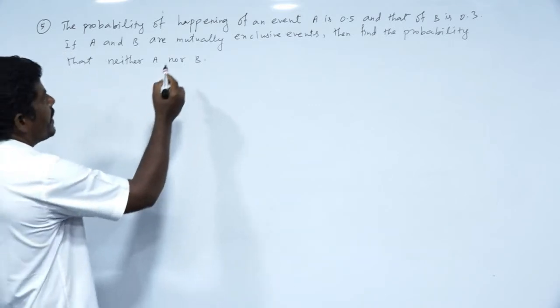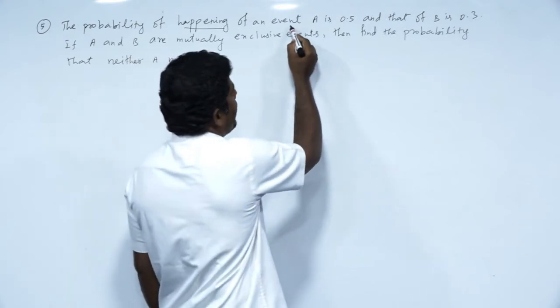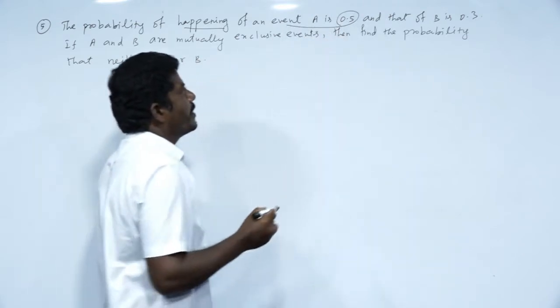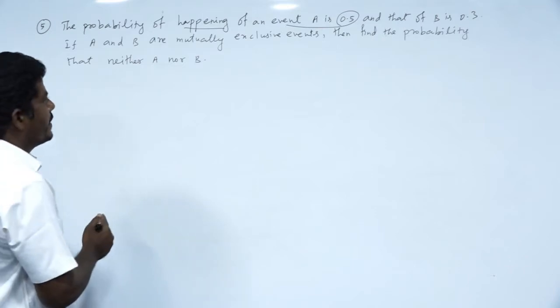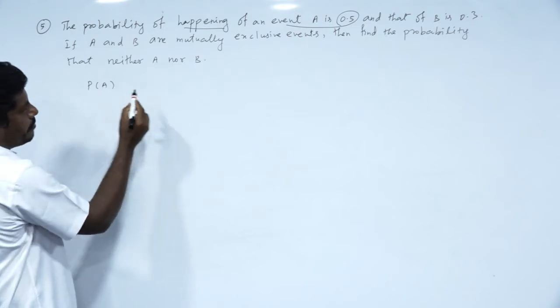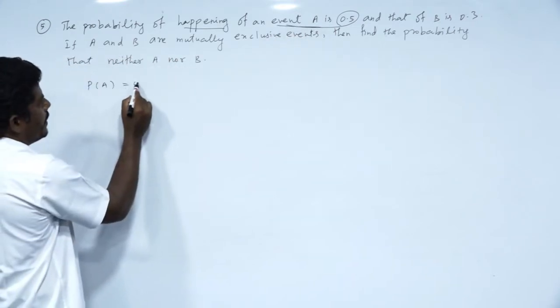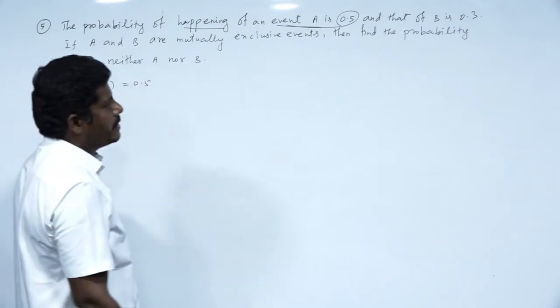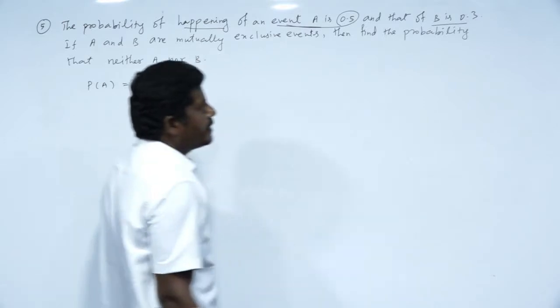The probability of happening of an event A is 0.5. That is, probability of event A is 0.5, my dear students. And similarly, probability of B is 0.3.